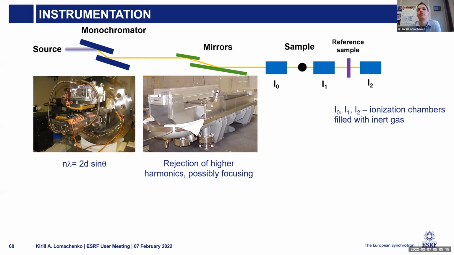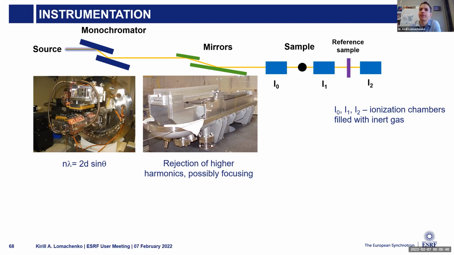In the most classical way, the detection is basically 3 ionization chambers: I0, I1, and I2. I2 is needed to measure also a reference sample together with your actual sample. The reference sample is usually a foil or some other standard material, which is measured together with your actual sample all the time.